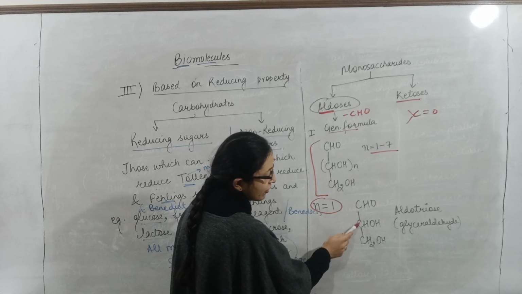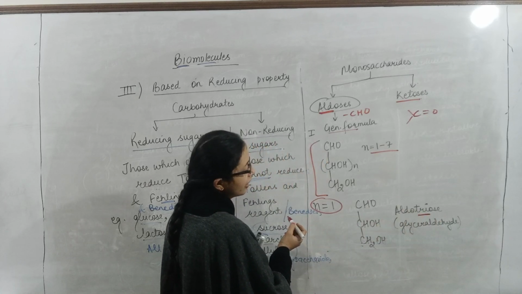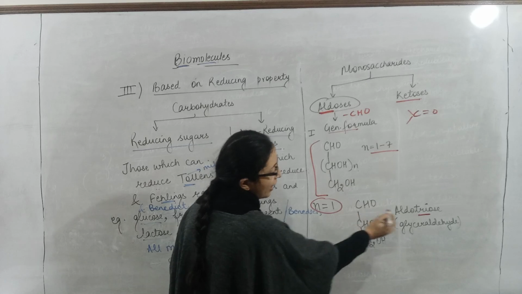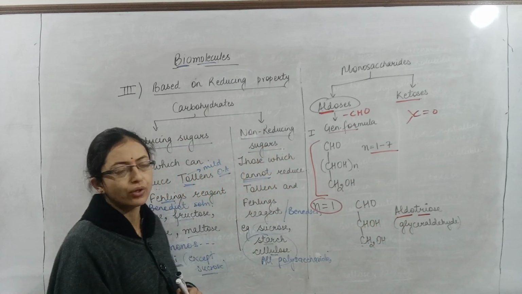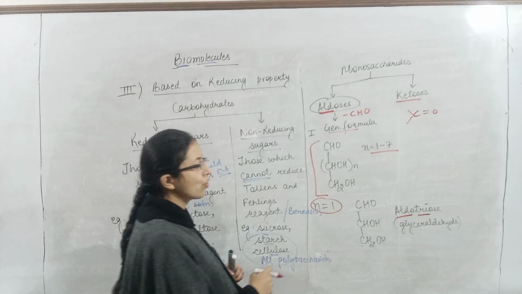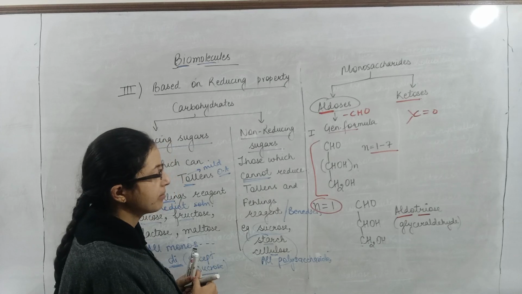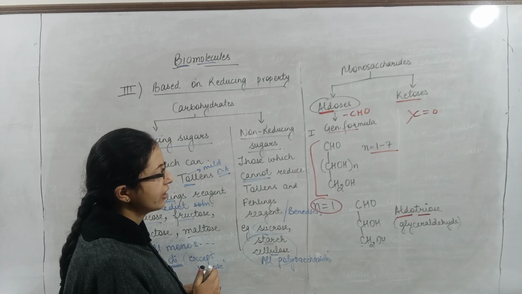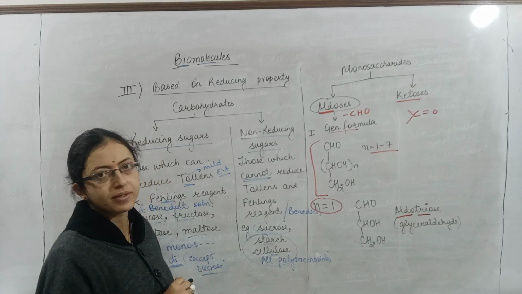That is called, because we have 3 carbons, so we call it triose. ठीक है, so aldo because the aldehyde group is there, and tri because there are 3 carbons, so triose. This is also called glyceraldehyde. The common name of this compound is glyceraldehyde. So this is the simplest aldose of 3 carbon atoms.